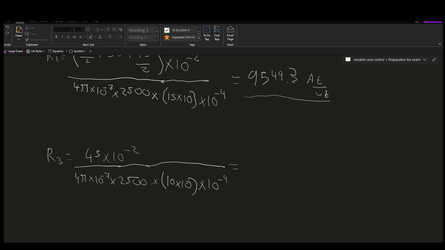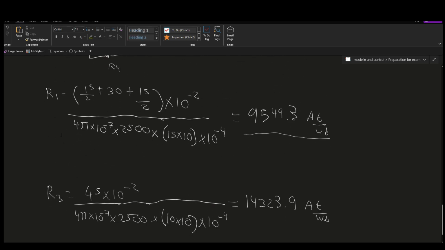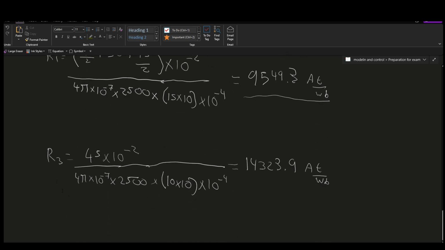And this is gonna give us a reluctance of approximately 14,000 ampere turns over Weber. Okay, so we have R1 and R3.